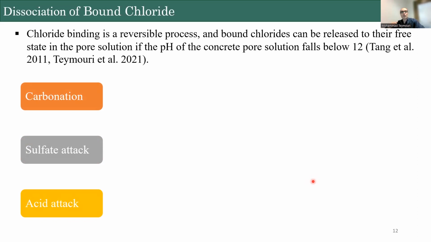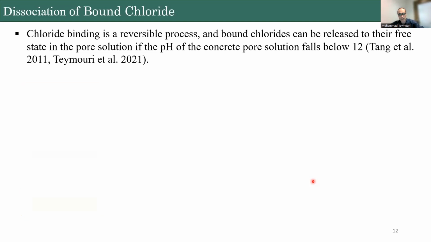But if you want to know more about sulfate attack, I know that SCA has a webinar for the sulfate attack. I encourage you to check it out. But at the end, because of the carbonation, sulfate attack, or acid attack, the pH of the concrete will drop, and that's the point where this reversible process starts.